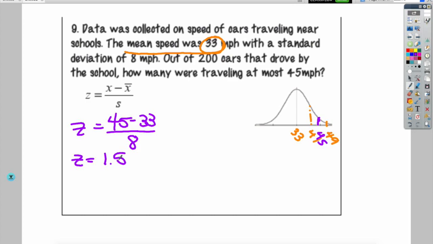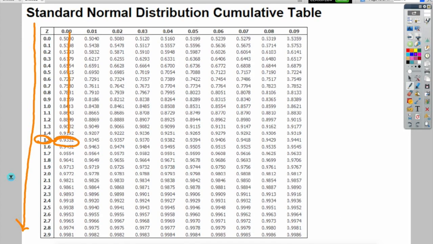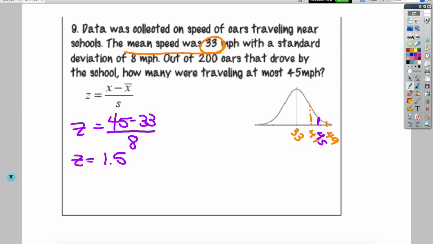We're going to go down that left-hand side, see where it hits at 1.5. And what's the decimal that follows after 1.5? So we don't have to go that far over. So we see that that probability is what? Very good. 0.9332.